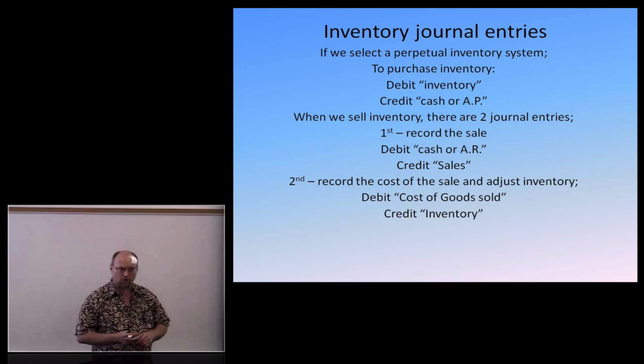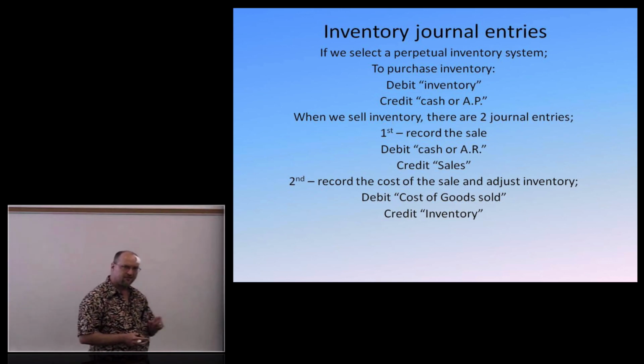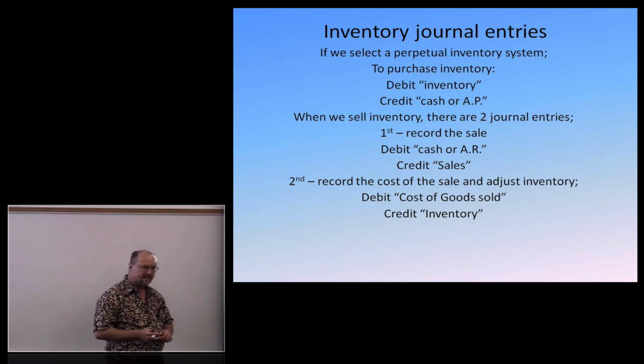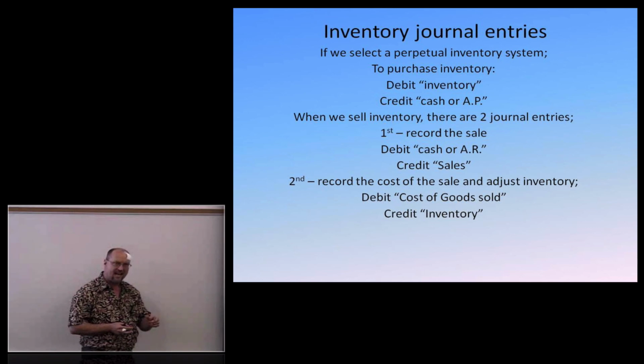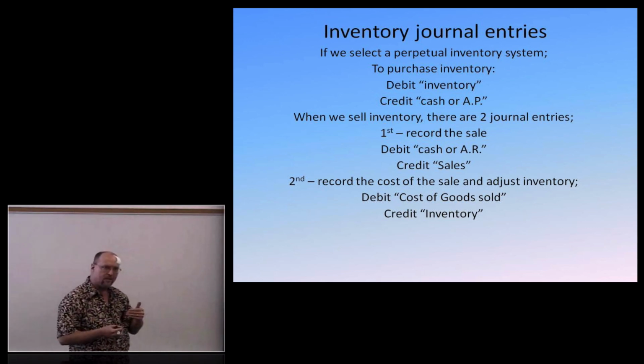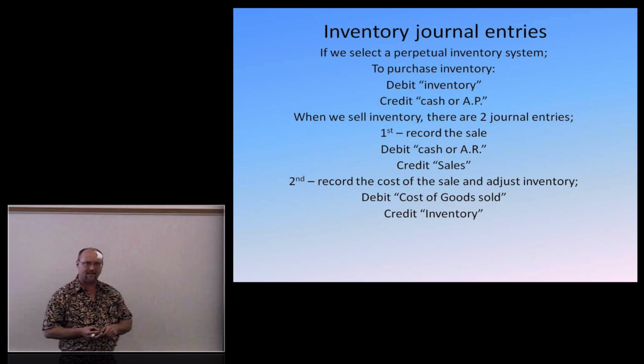The second journal entry that we have to record in a perpetual inventory system is the cost of the sale. Remember we talked about cost of goods sold. That's an expense account. In addition to recording the sale at retail price, we have to record the cost of the sale at what the inventory cost us. We would debit cost of goods sold because it's an expense account, and expenses have a normal debit balance.